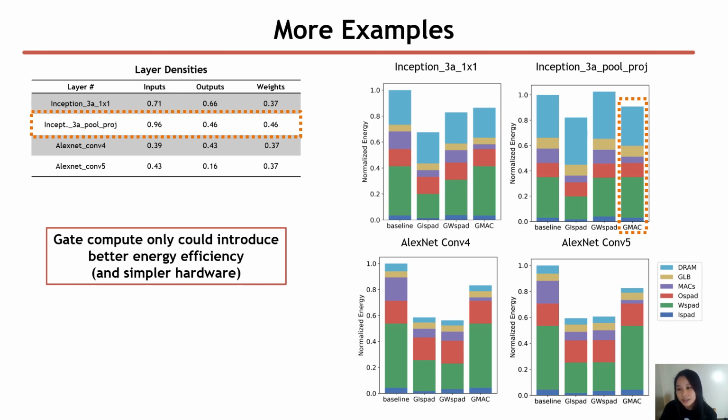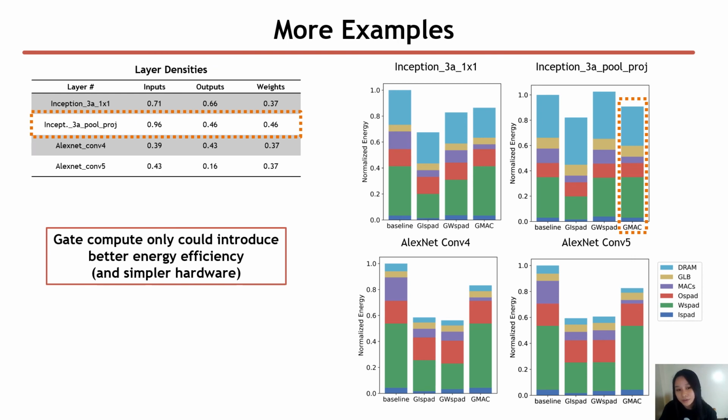And the reason for the specific case in section 3A whole projection is because you have very, very dense inputs. So if you want to gate weight scratch pad based on input, it really gives you nothing because of the input density.